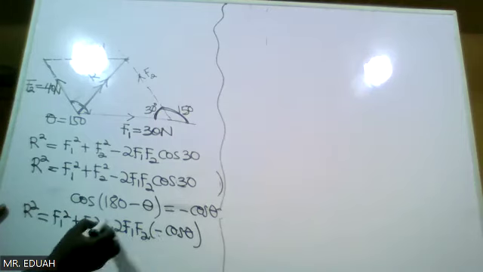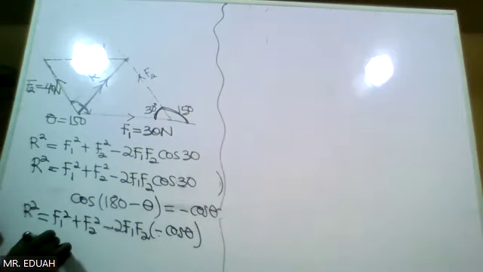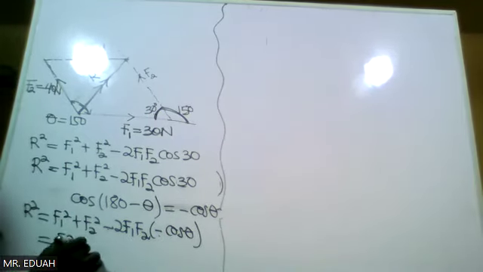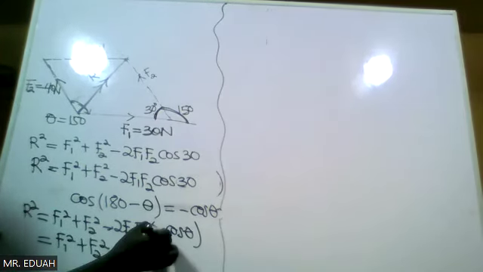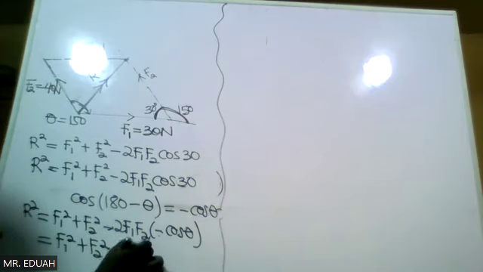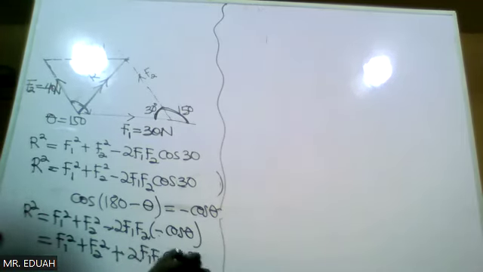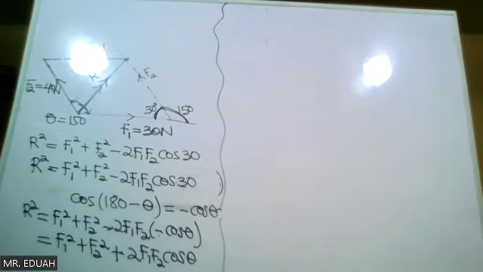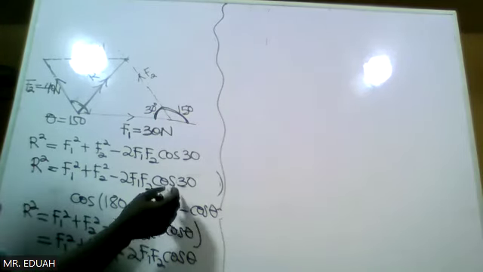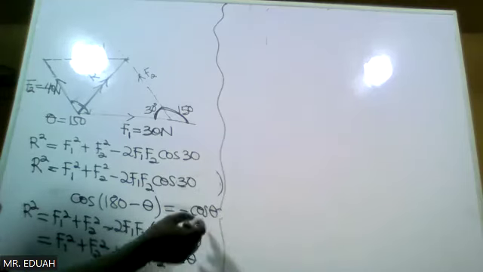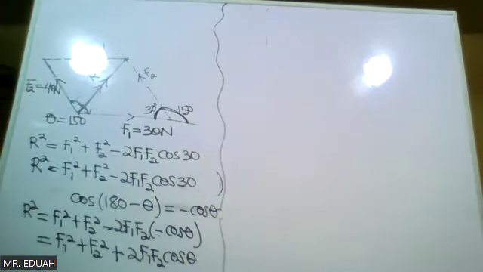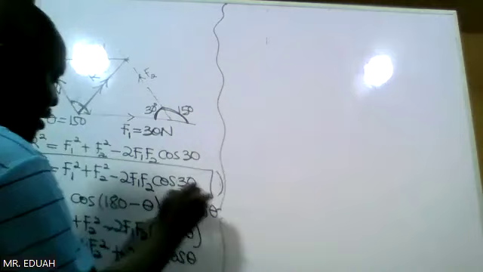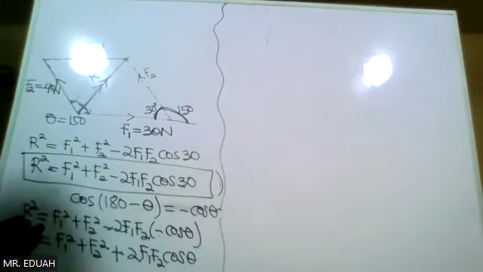So negative times negative would give you F1 squared plus F2 squared plus 2 F1 F2 cos theta. So either we use cos 180 minus theta or this one.